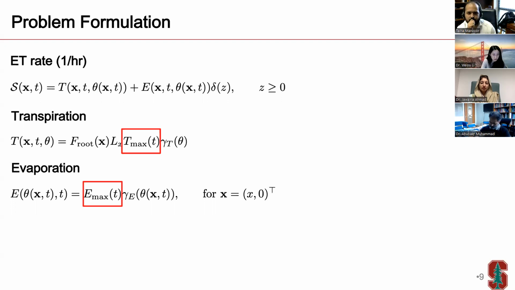I think this assumption that they are independent Gaussian variables is how I treated them, and they are widely used by people in the literature in modeling transpiration and evaporation. Yeah, I haven't seen any work discussing whether they are correlated.